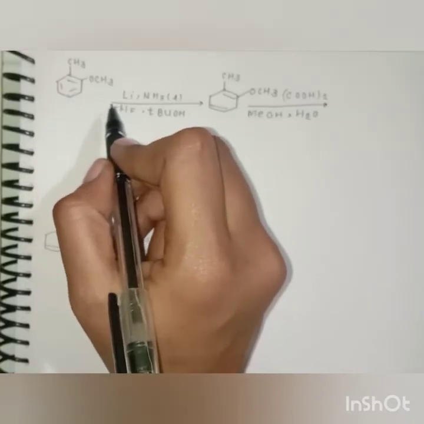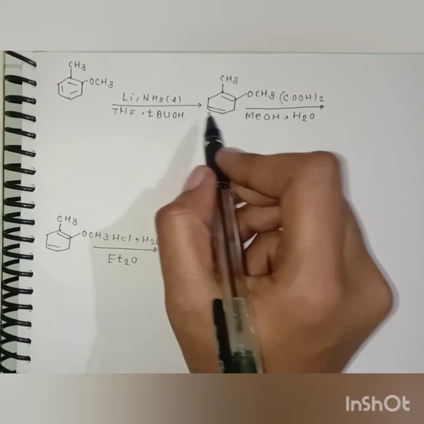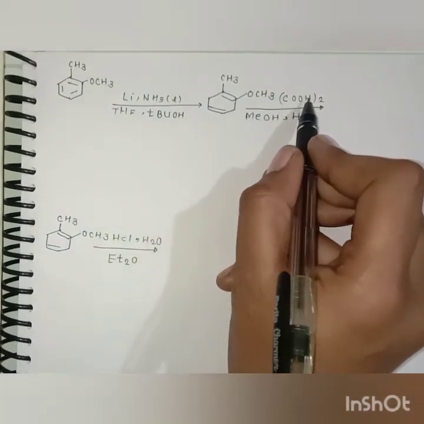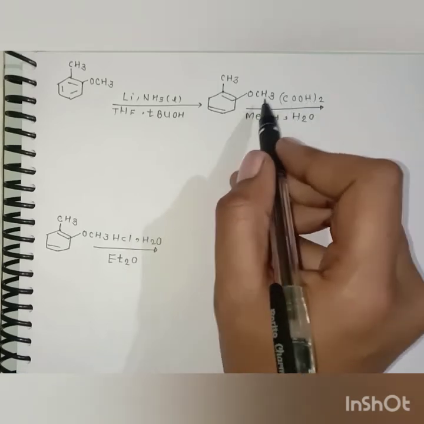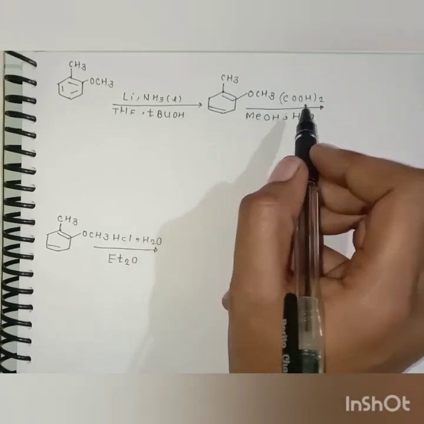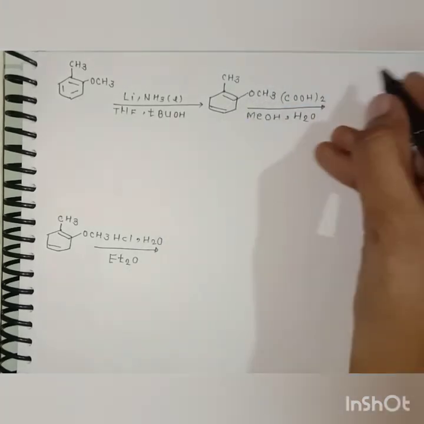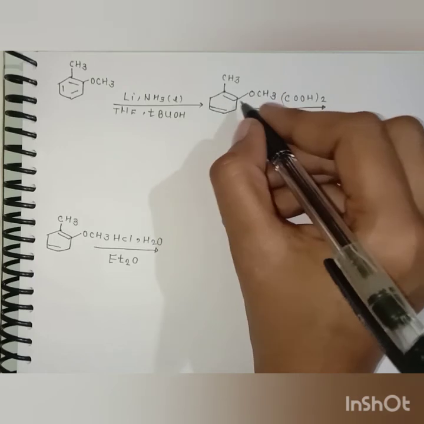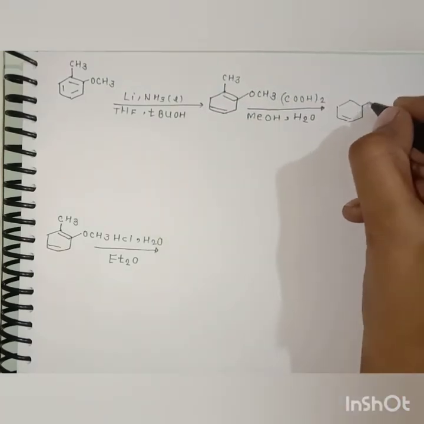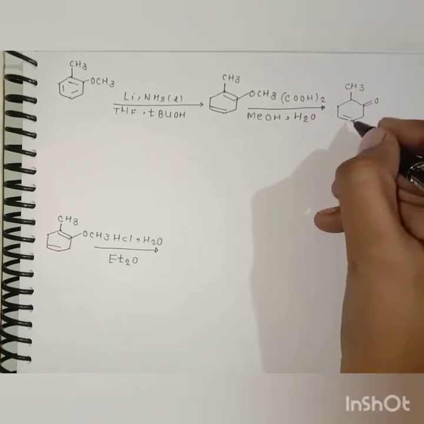Now, in this example, the Birch reduction condition reduces this ring and we get this product. Again, the weak acid is given, that is the oxalic acid, and whenever the weak acid is given, we get the beta gamma unsaturated compound. And here this enol ether is converted into the beta gamma unsaturated system.